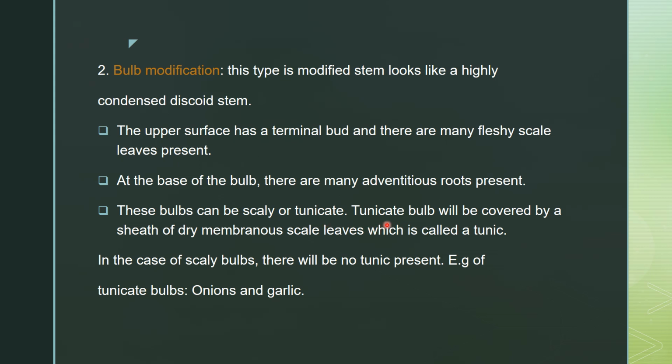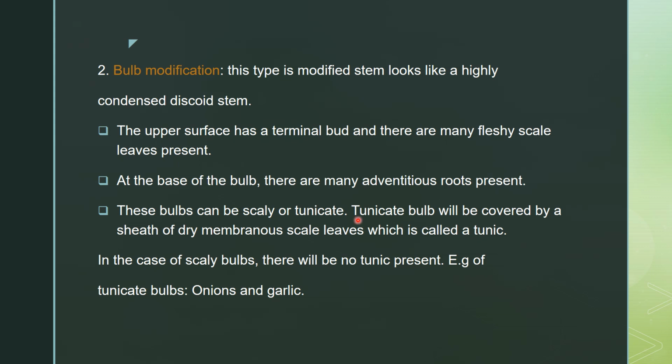So the bulb can be scaly or tunicate. A tunicate bulb, like onions and garlic, is covered by a sheath of dry membranous scale leaves. This membranous covering is called the tunic, and the bulb of this type is called a tunicate bulb.